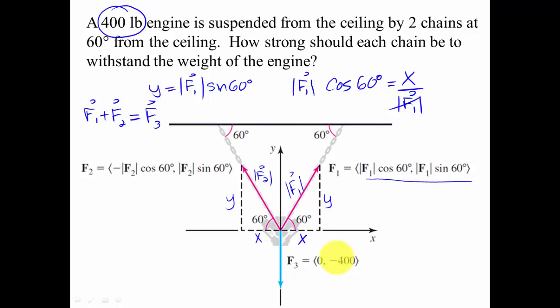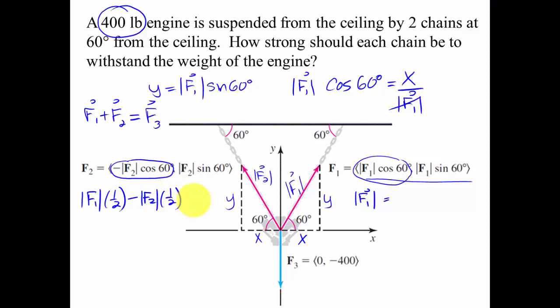Now we could take these then and put in the pieces that we know and be able to solve this for F1 and F2. So we are going to look at the x components, and we'll take the x component of force 1, and so that would be magnitude of force 1, and the cosine of 60 degrees is 1/2, and then we will add to that the x component for force 2, so that's minus magnitude of F2, and that's also going to be multiplied by 1/2, and we want that to equal the x component of the engine pulling down, so that's 0.